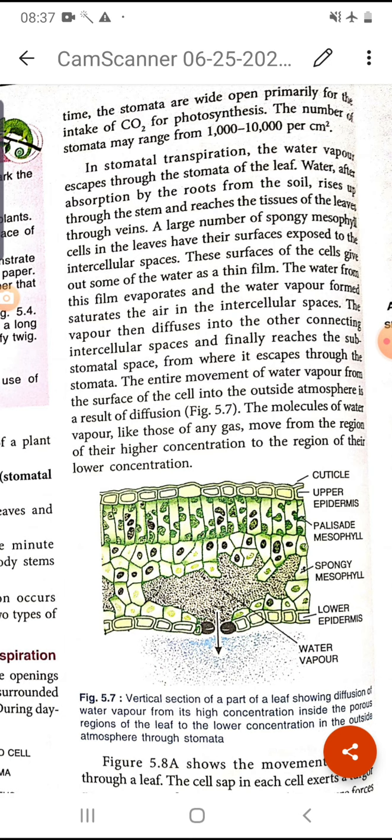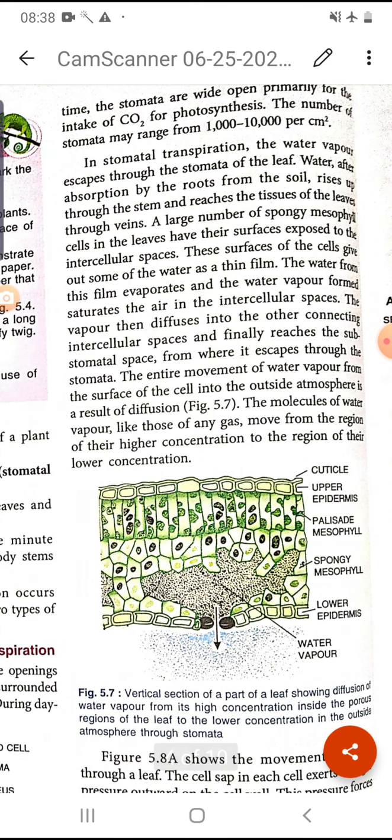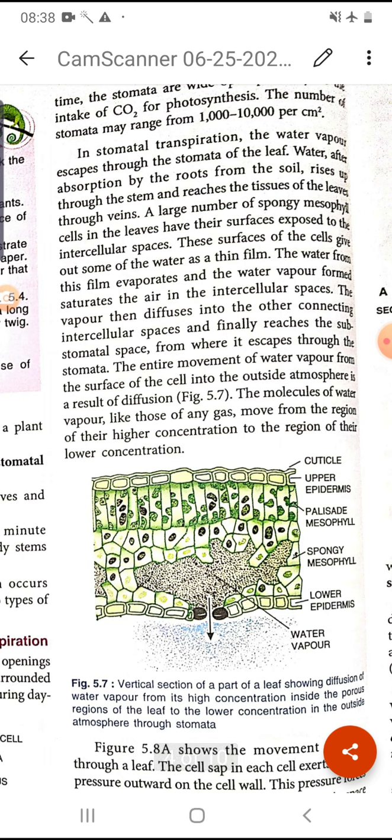In the leaf there is a large number of spongy mesophyll cells. The surfaces of these mesophyll cells are exposed to the intercellular spaces, meaning the inside portion of the leaves.